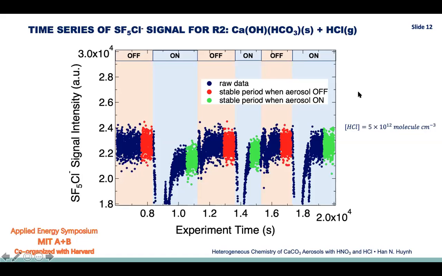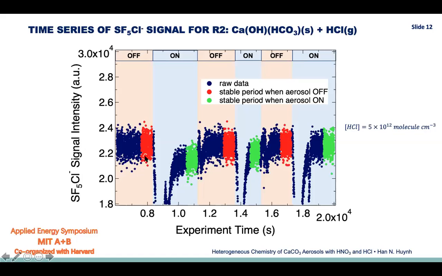Here we're showing a time series graph of SF5Cl- signal intensity for one experiment. The orange panel here represents the period when the aerosol flow was off, while the blue panel represents the aerosol on period. For each experiment, first we stabilize SF5Cl- signal intensity, as indicated by the red dots.